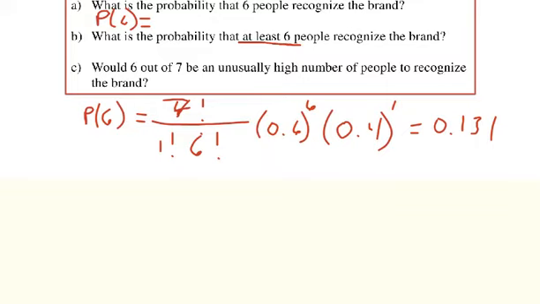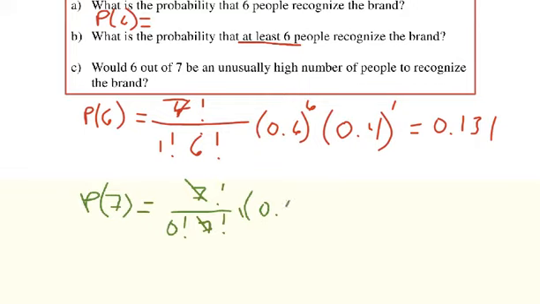So to answer part B, let's first find the probability of 7 people recognizing the brand. That is 7 out of 7. So that is 7 factorial divided by 0 factorial times 7 factorial. And you might correctly guess that those 7 factorials will cancel.